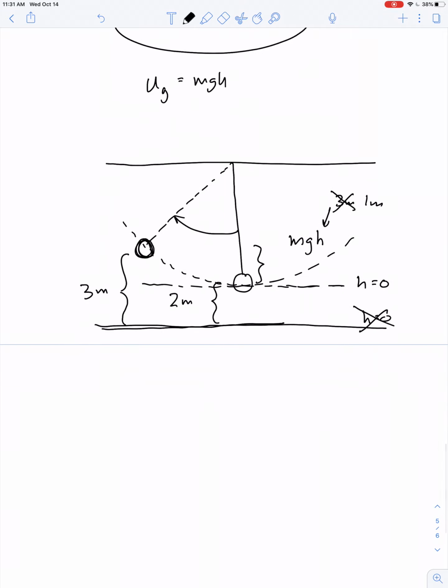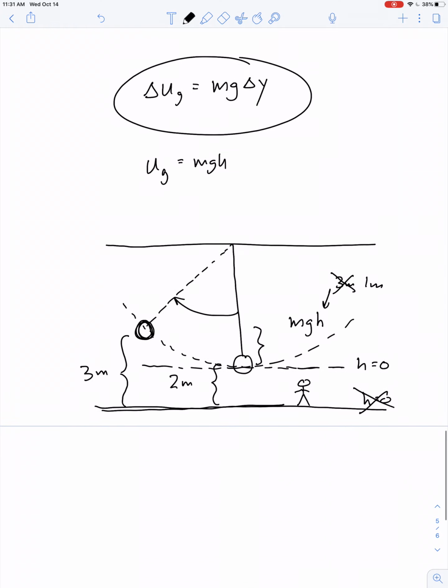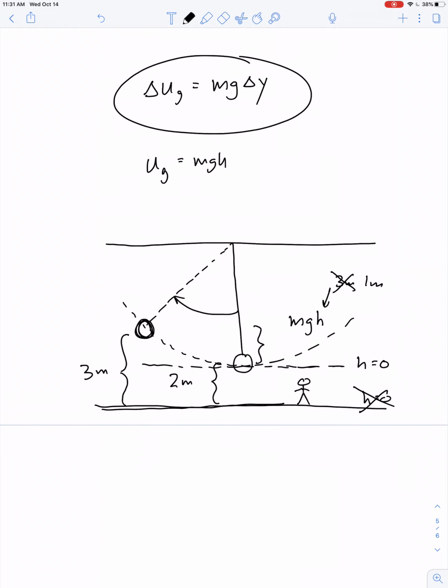But how about this? For people who are standing in this room looking at the bowling ball, those would be the two most obvious options, to either let h equal 0 at the floor or let h equal 0 at the low point in the swing. However, this could all be inside of a 2-story building.